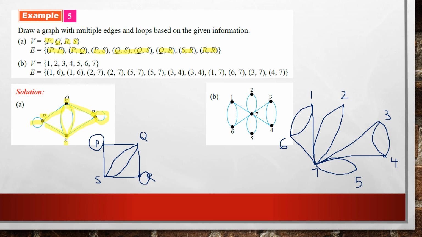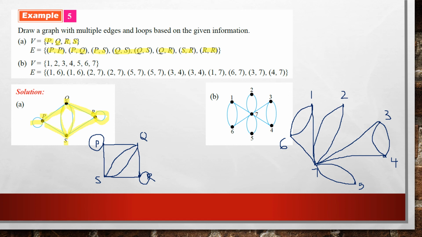Okay, so maybe you want to make it look nice. What you can do, you change this 5 to be down a bit. Okay, you move it down, you move a little bit down here. So your multiple edge, your diagram will look more beautiful like this.